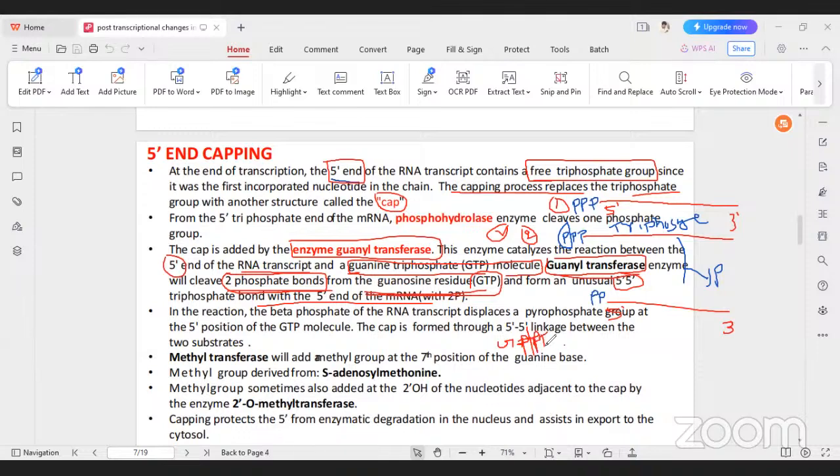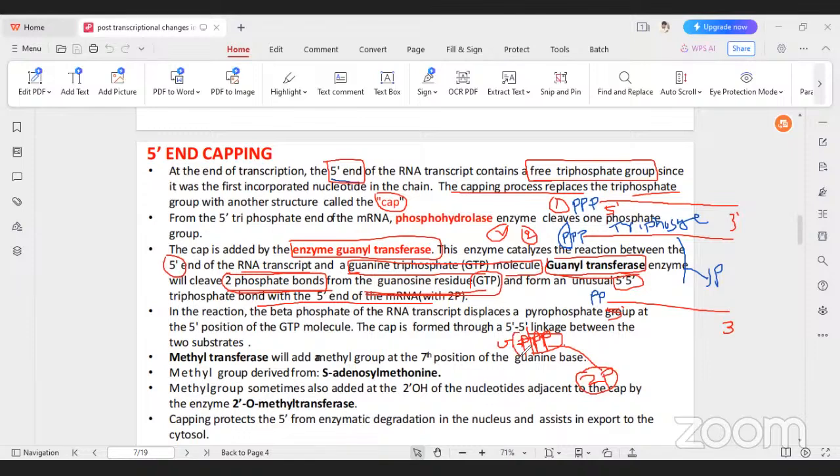In guanosine triphosphate, how many phosphates are there? Three. With the help of guanylyl transferase, two are cleaved, so these two phosphates are separated and one remains.